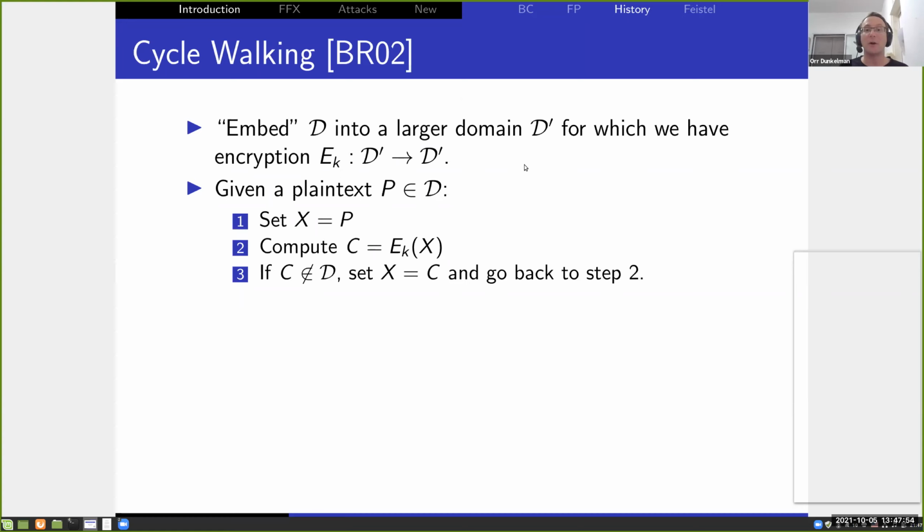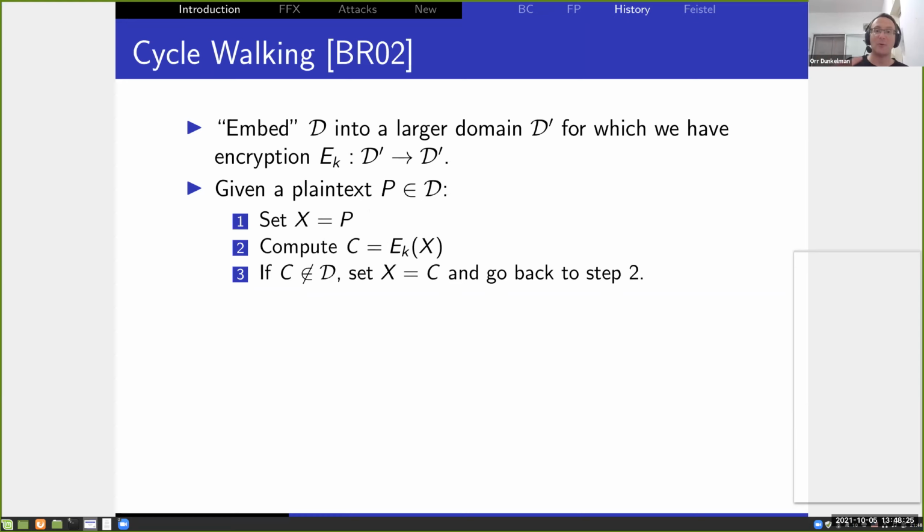Let's assume that there is a larger domain, D prime, for which we have encryption. So remember, our task is to encrypt things in a smaller domain. So we take a larger domain for which we have an encryption. Think of, for example, taking 96-bit strings and trying to encrypt them using AES, which has a block size of 128 bits. So what we do, we take a plaintext, and then we iteratively encrypt it until we reach another value which happens to be in the domain.